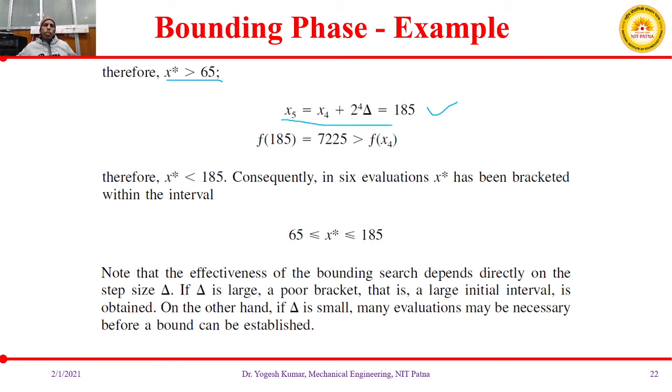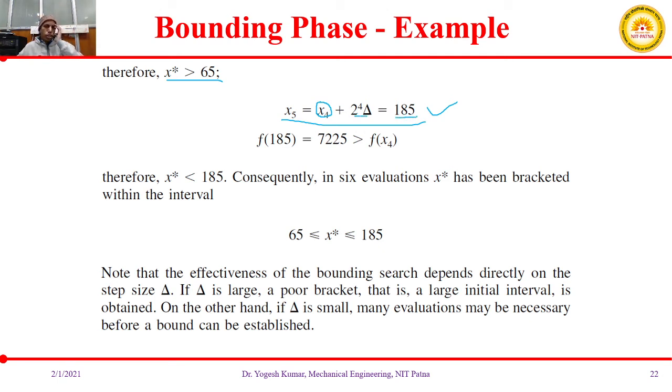Let us now calculate the value of x for step 5, that is x5 equal to x4 plus 2 raised to the power 4 into delta, and this will be 16 into 5, which is 80. x4 was 105, and 105 plus 80 will come 185.